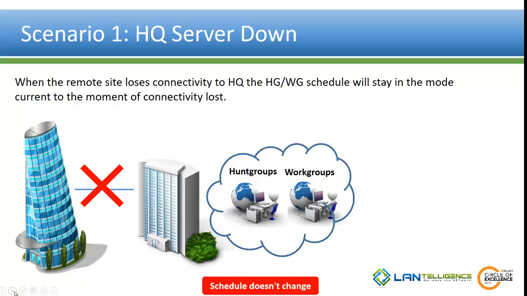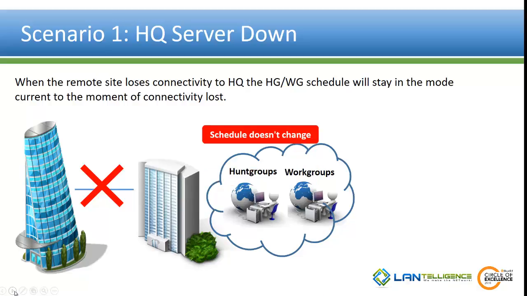So for instance, if it was 6:59 a.m. and your hunt groups or your work groups turned on at 7 a.m., if the MPLS or the connection down to the data center was lost at 6:59, your hunt groups and work groups will stay in off hours mode.